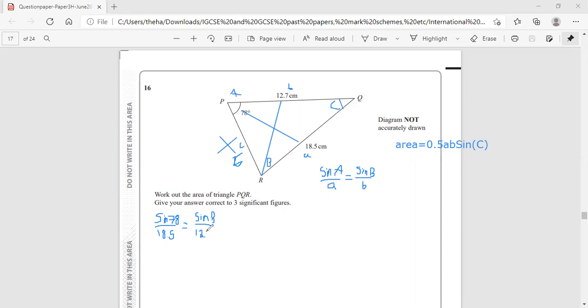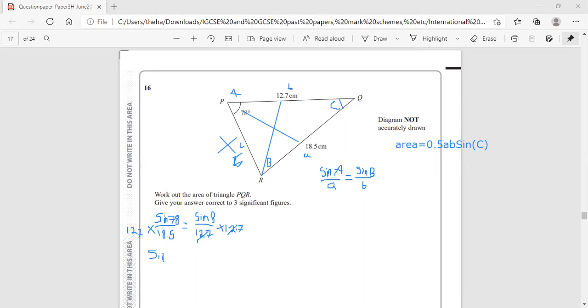So what we need to do first is multiply both sides by 12.7, which will cancel out this, and then multiply that side by 12.7. So that will give us sine of B.